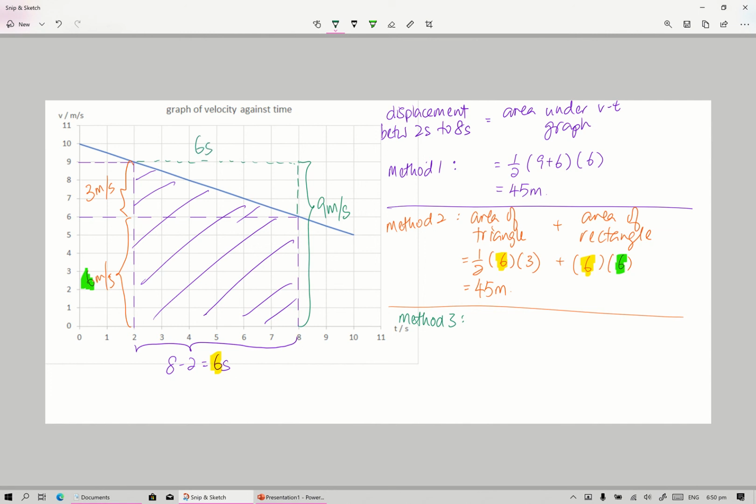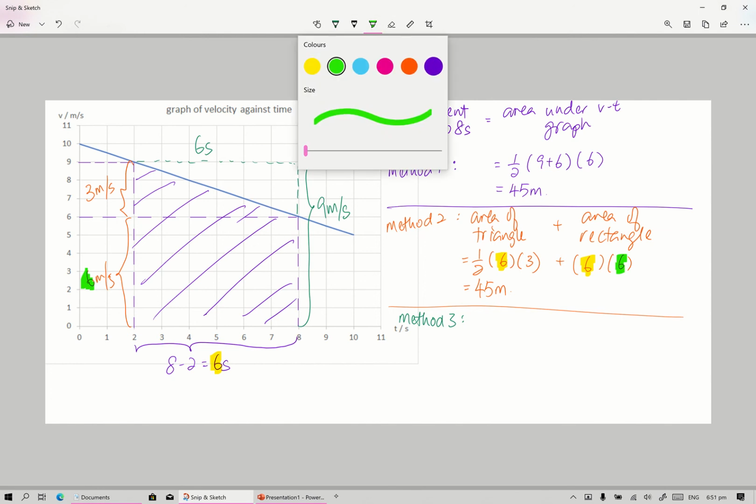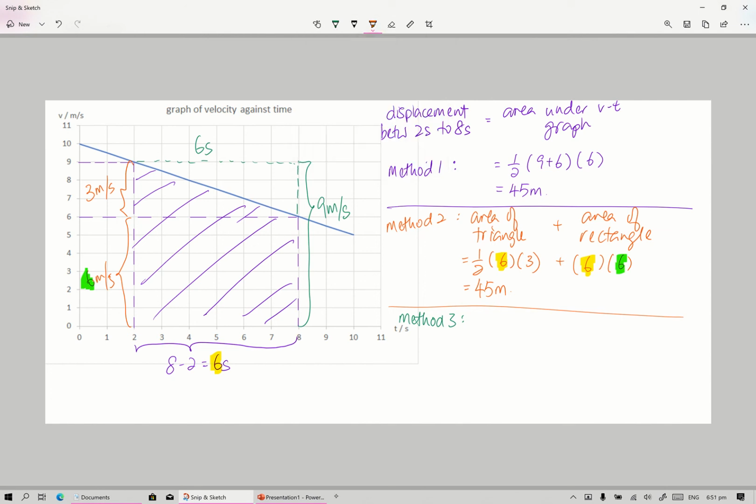We're going to take the area of that big rectangle and minus off this triangle, the one I shaded in cyan.